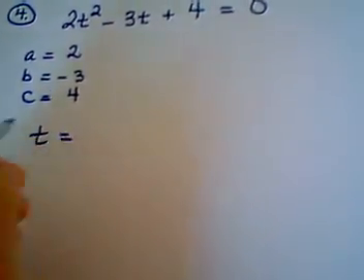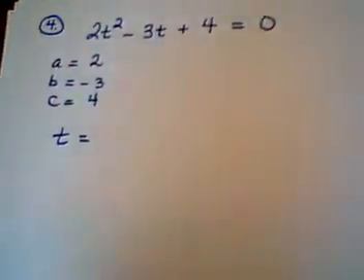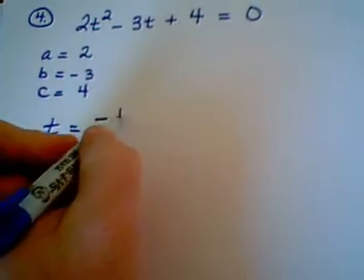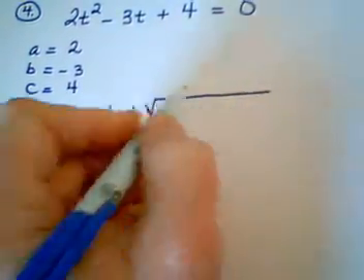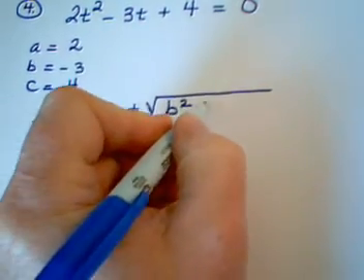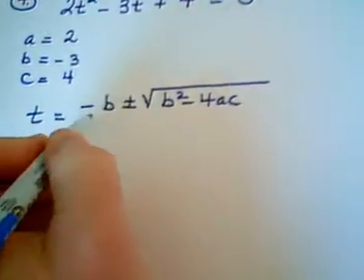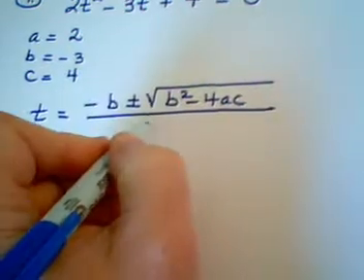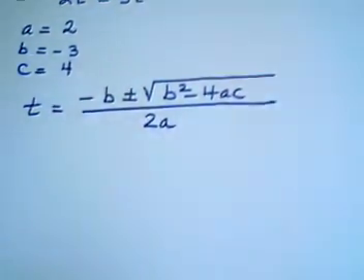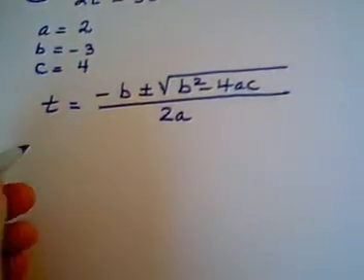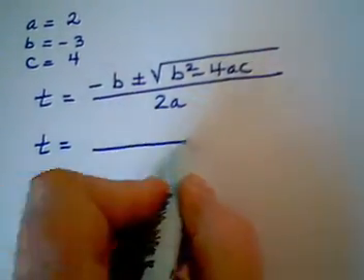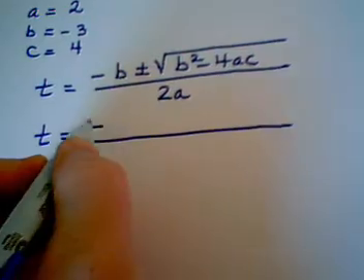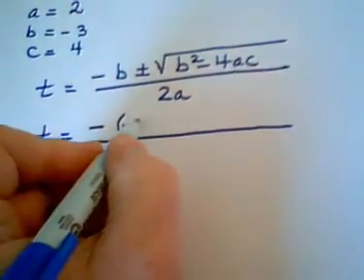T is equal to, let's write the formula first, from memory, opposite of b plus or minus the square root of b squared minus 4ac all over 2 times a. And now let's plug in. Okay, I'm going to put my little division bar. The opposite of b is a -3.